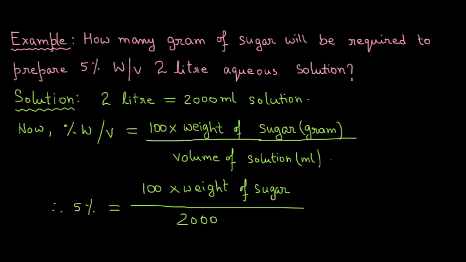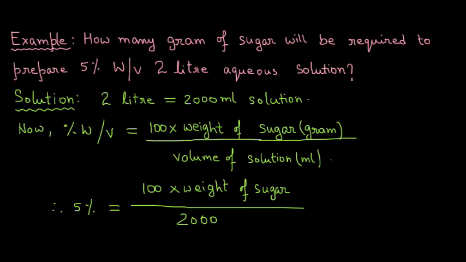Here, instead of solute we have written sugar because sugar is the solute in our case. Putting the values which are given, percentage W by V is 5% and volume of the solution is 2 liter, that is 2000 ml.